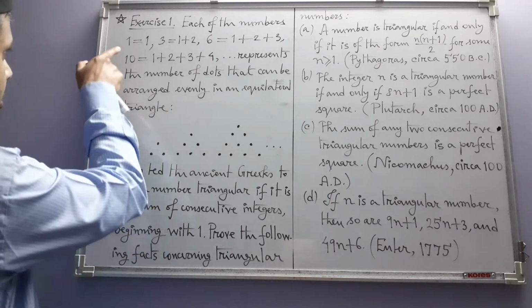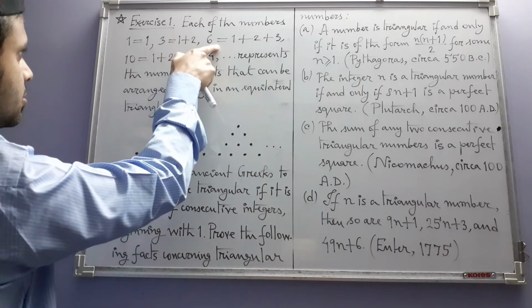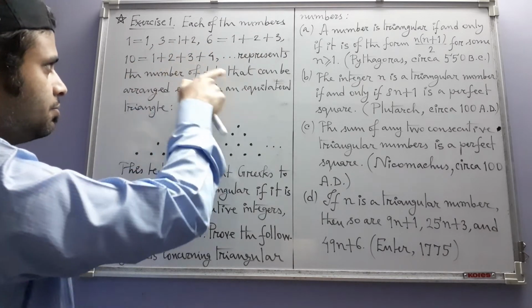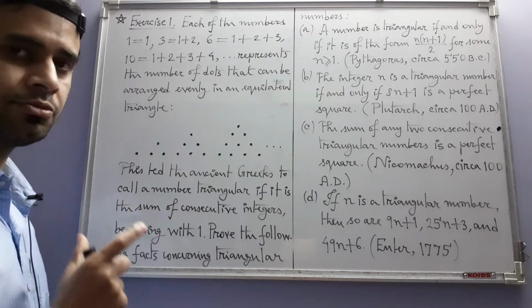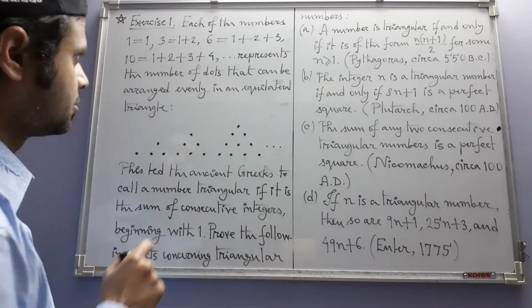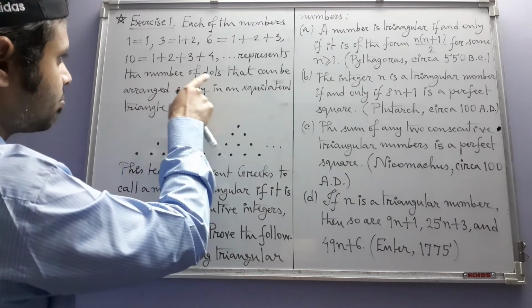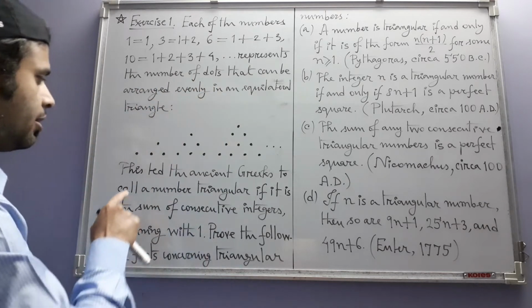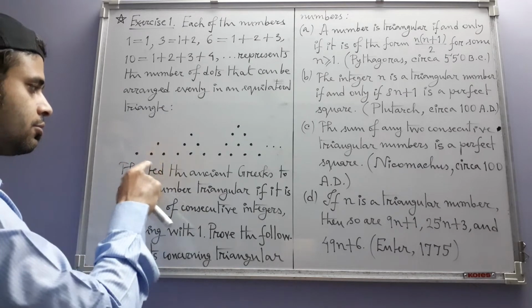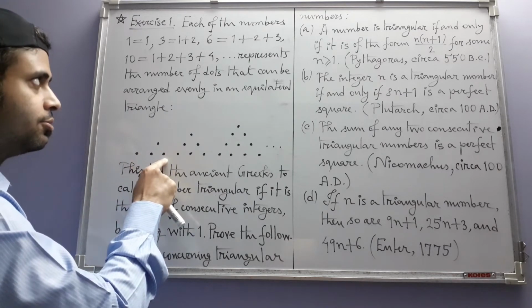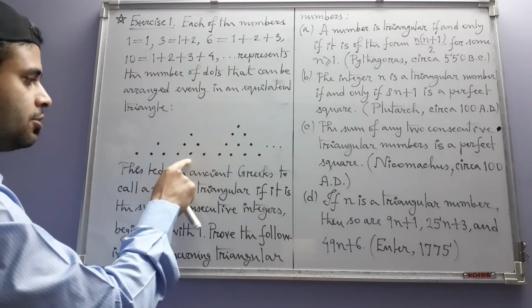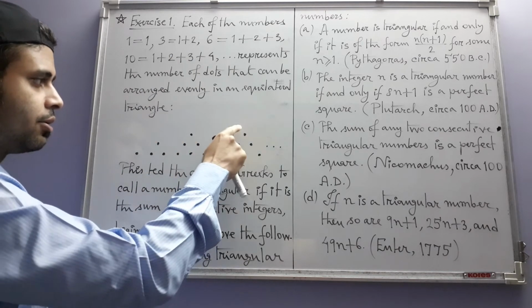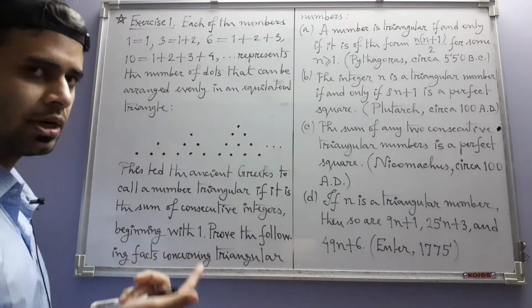Each of these numbers 1, 3, 6, 10, which are obtained like this by adding the first few positive integers, represents the number of dots that can be arranged evenly in an equilateral triangle. 1 dot, 3 dots, 1 plus 2, 6 dots, 1 plus 2 plus 3, 10 dots, 1 plus 2 plus 3 plus 4, like that.